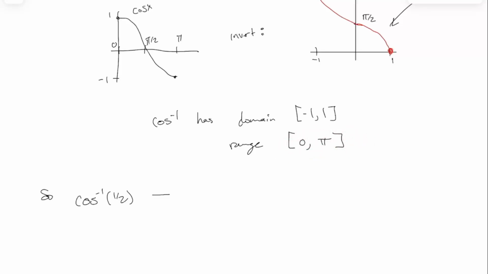So when you see that, how you interpret it is: which angle has cosine theta equals 1/2, right? That's the question this is meant to answer. And specifically, which angle in the range 0 to pi, right? You don't want to choose an angle somewhere else.